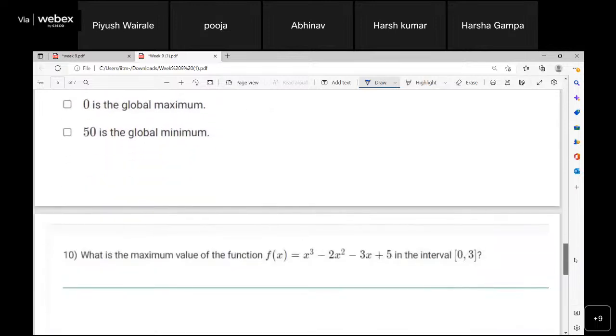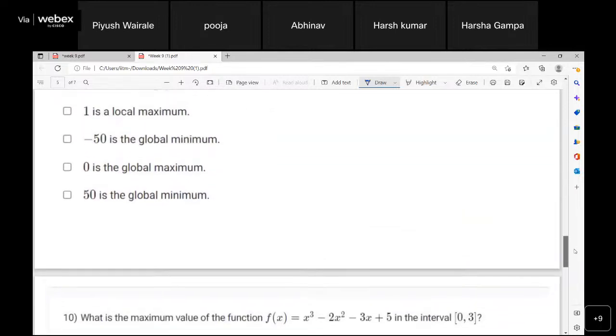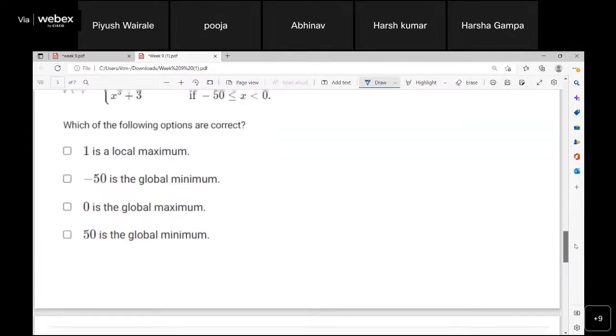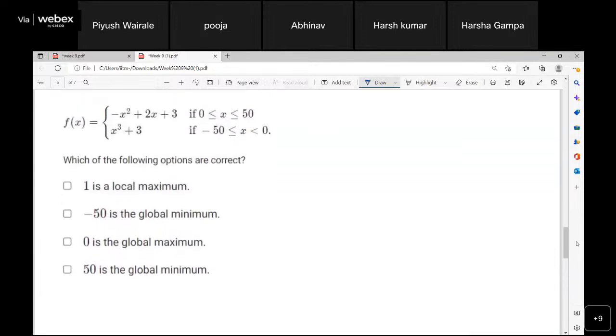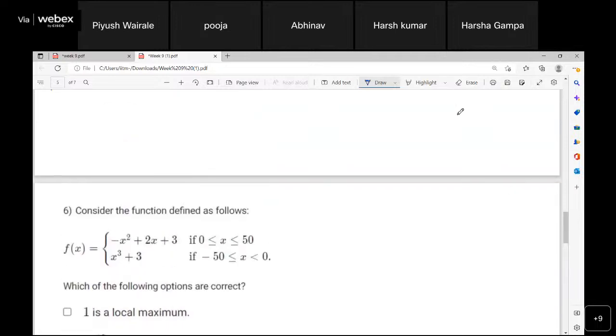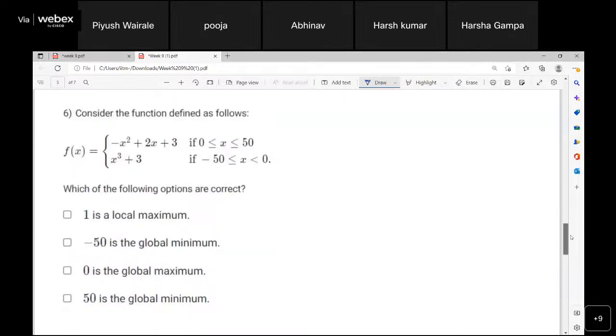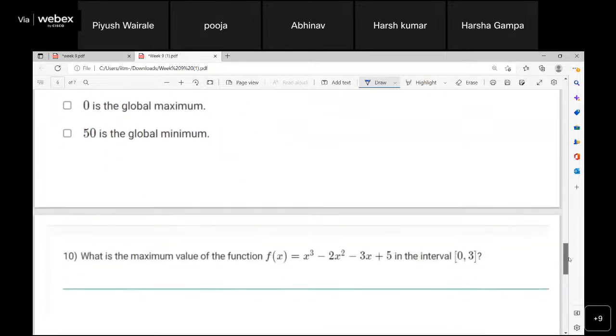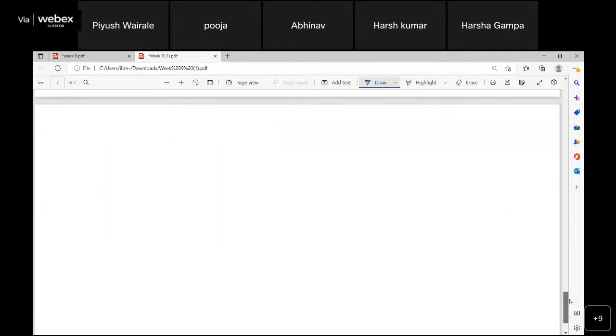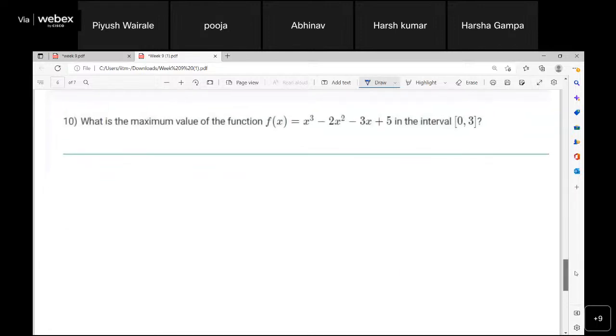Now first we'll discuss what is global maximum and global minimum value. Before that, we'll solve this particular question.